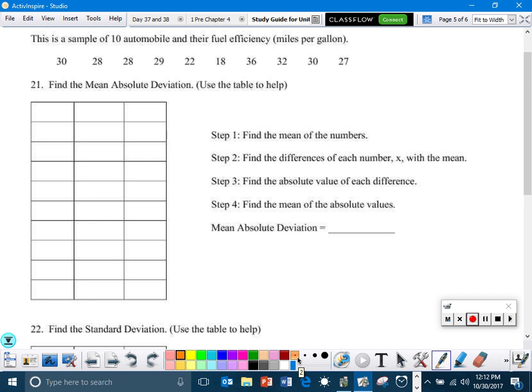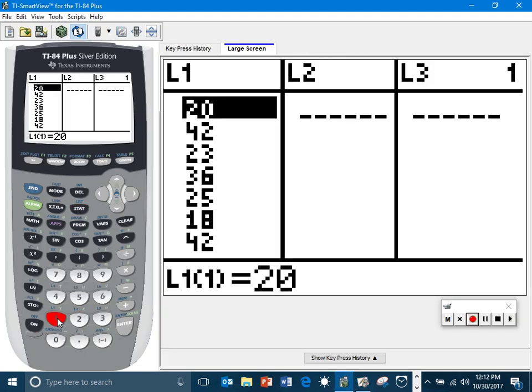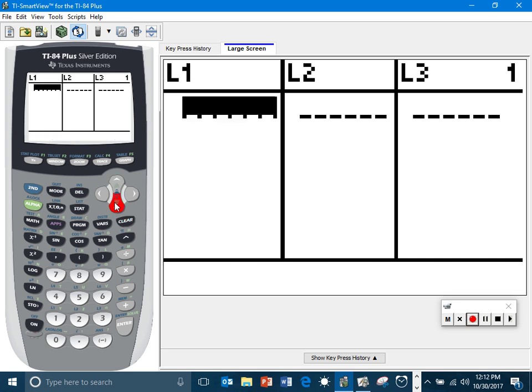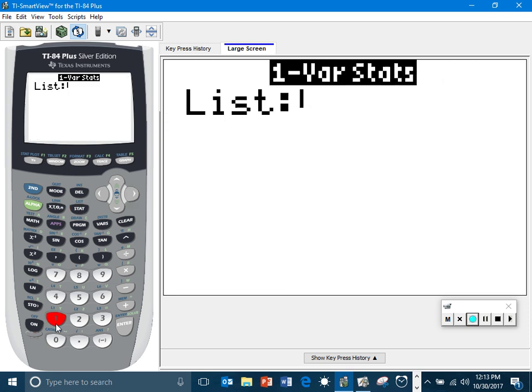Okay, I'm not going to actually go through this with the calculator, but I'm going to talk about the steps. So remember, go to your stat, edit, clean out list 1. Type the numbers in list 1. When you're done typing the numbers in list 1, go stat, calculate, and pick number 1.